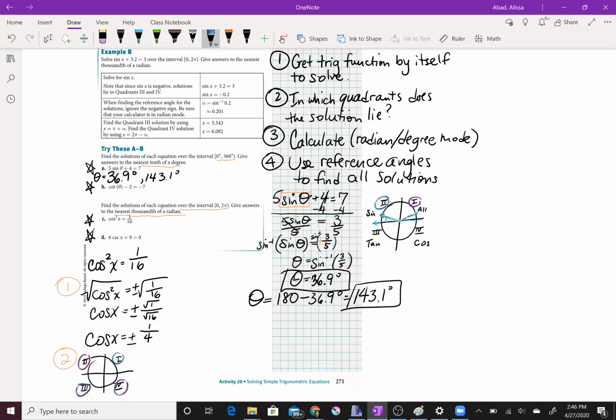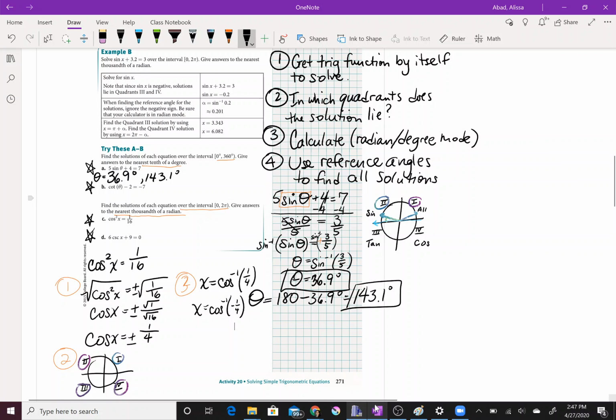Okay, now let's go to step 3. Let's use our calculator to find our solution for this. So for step 3, I'm going to have to find x equals inverse cosine of 1/4, and also inverse cosine of negative 1/4.